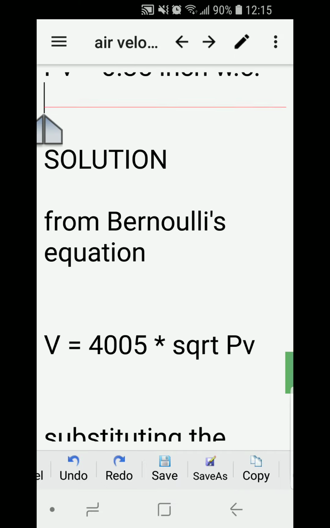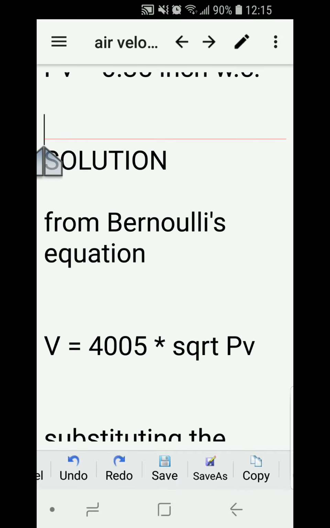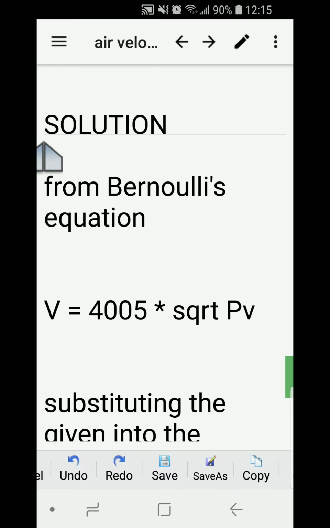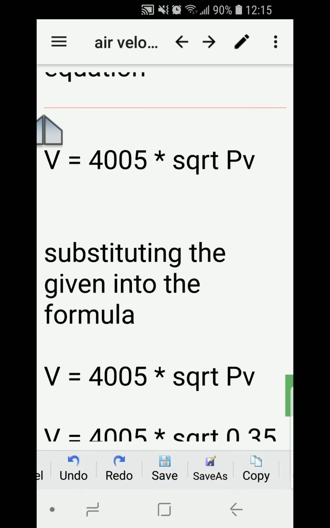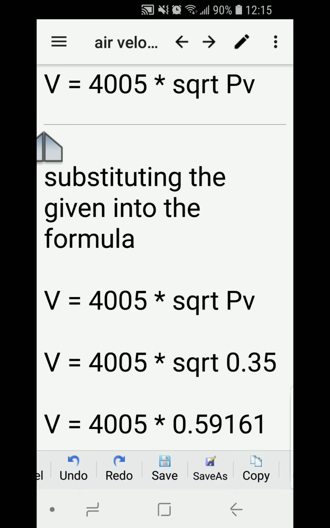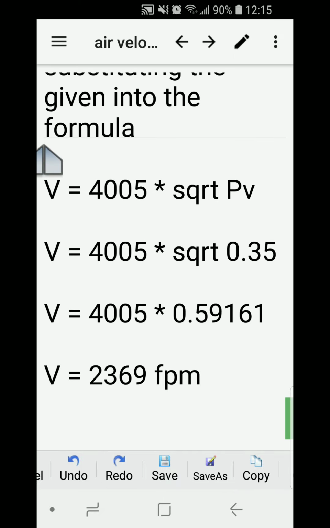And again, substituting the given into Bernoulli's equation, with V is equal to 4005 times square root of PV. Substituting the given into the formula, we got V is equal to 4005 times square root of 0.35.